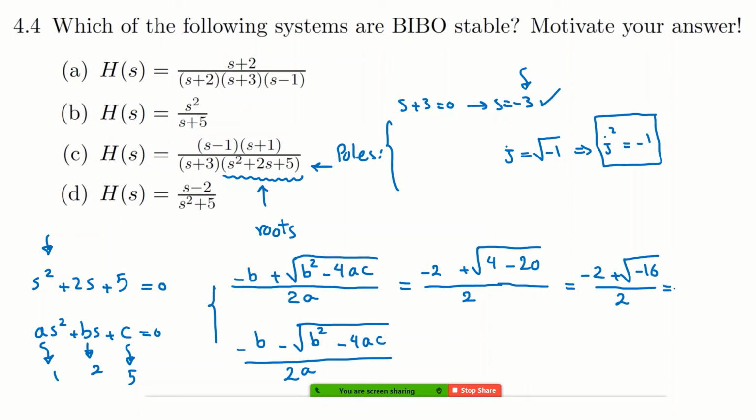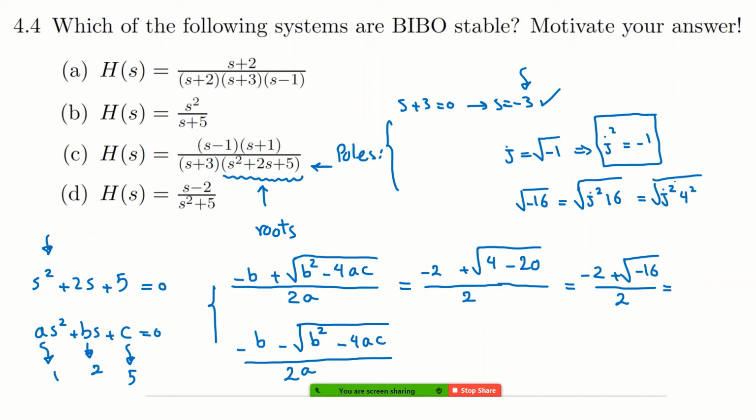So for the square root of minus 16, I can write it as the square root of 16 times j squared, where j squared is minus 1, which equals the square root of j squared times 4 squared.